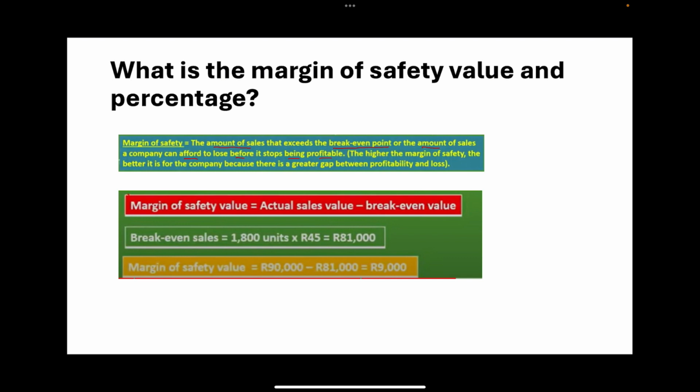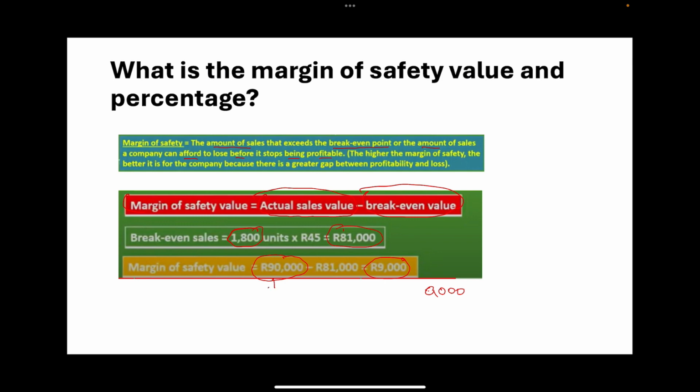So margin of safety value can be calculated as actual sales value minus break-even value. We have already calculated the break-even sales as 1,800 units, so the break-even value is 81,000. We have made a total sales of 90,000, so margin of safety here is 9,000.